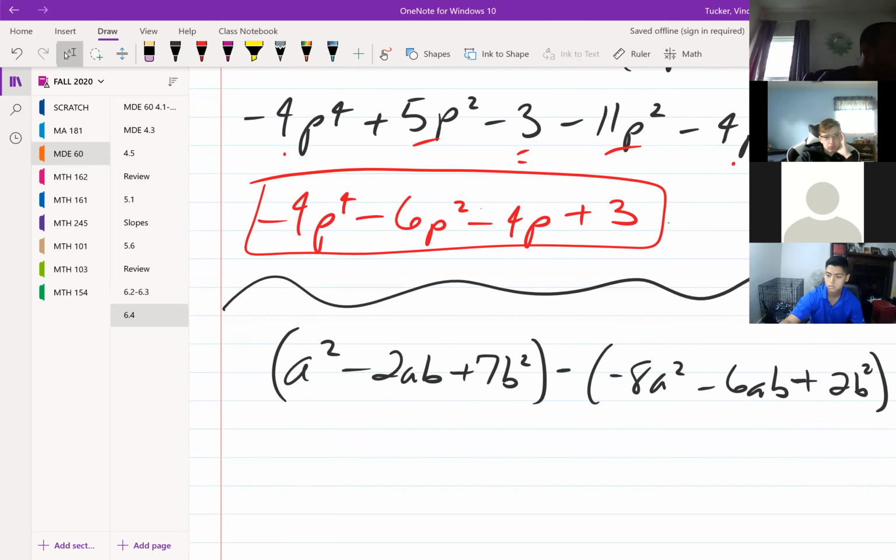All right. A squared minus 2ab plus 7b squared minus the quantity of negative 8a squared minus 6ab plus 2b squared. So just like before, minus sign in between, so it has to be applied to the parentheses that follow.